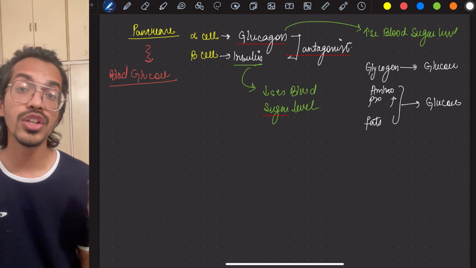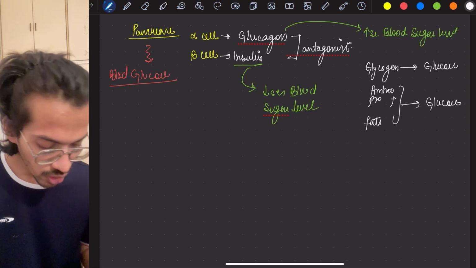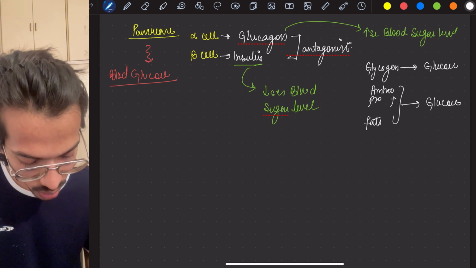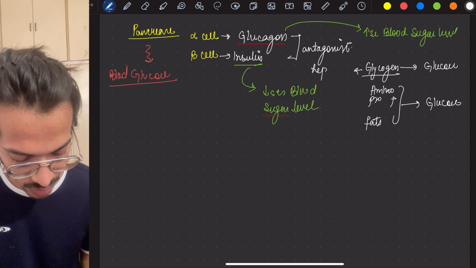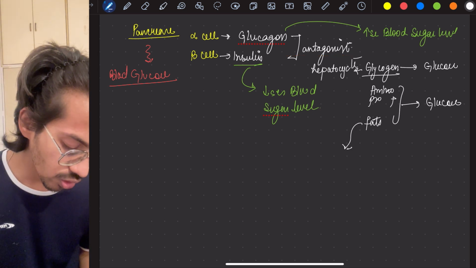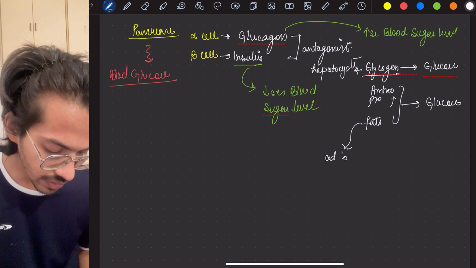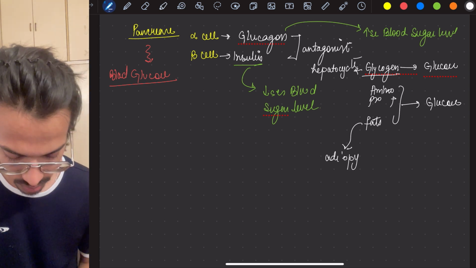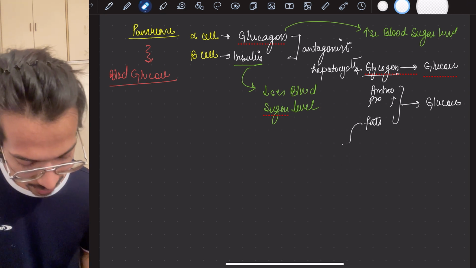So new glucose formation leads to this. Where is glucagon acting? On the hepatocytes, meaning your liver, so it will act on the liver cell. Whereas fat is present where? In your adipocytes. So these two cells will be acting on it.